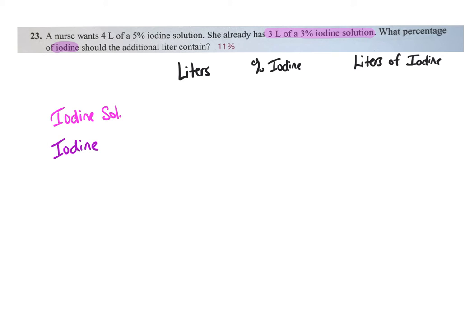And so for the solution piece of it, she has 3 liters, so that's 3 liters. It is 3%, so that is 3%. All right. We also know what she wants. So the final mix here, she wants 4 liters.